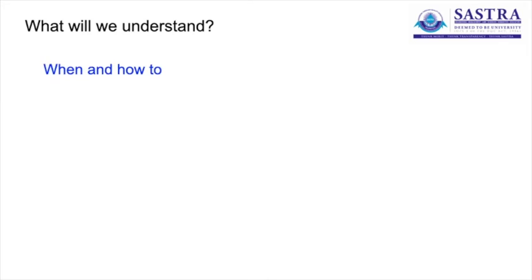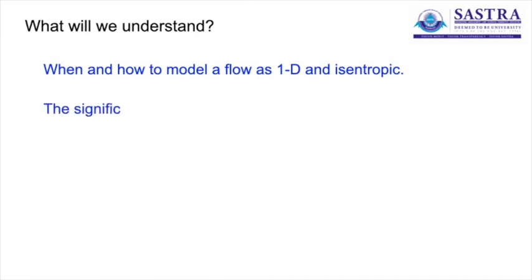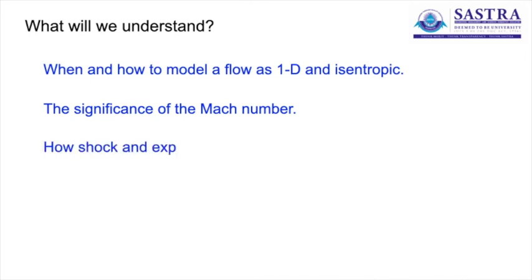First of all, we will see when we may treat a flow as one-dimensional and isentropic, and just as importantly, when we may not do so. Next, we will learn to appreciate how much the Mach number matters when we are studying compressible flow. We will see how a supersonic flow is affected by the formation of a shock wave or an expansion wave, or both.